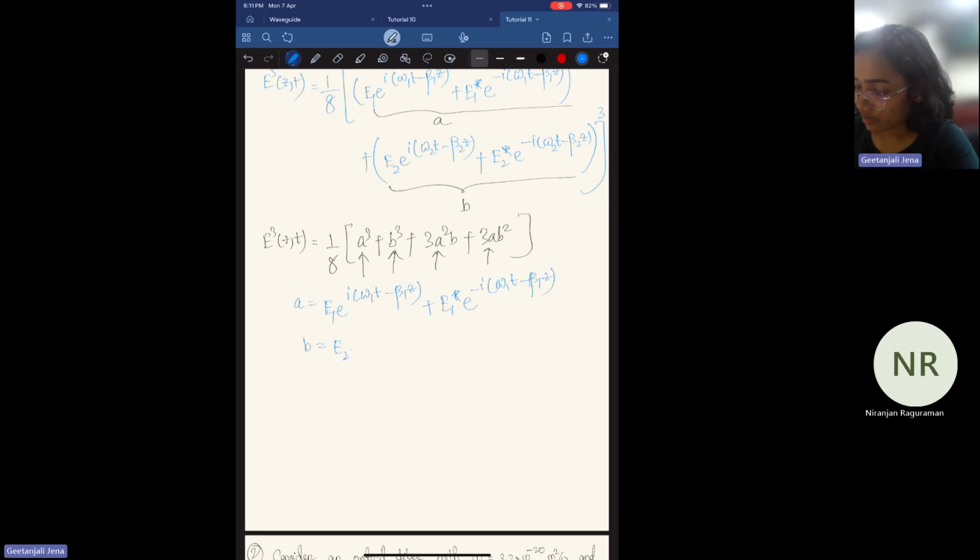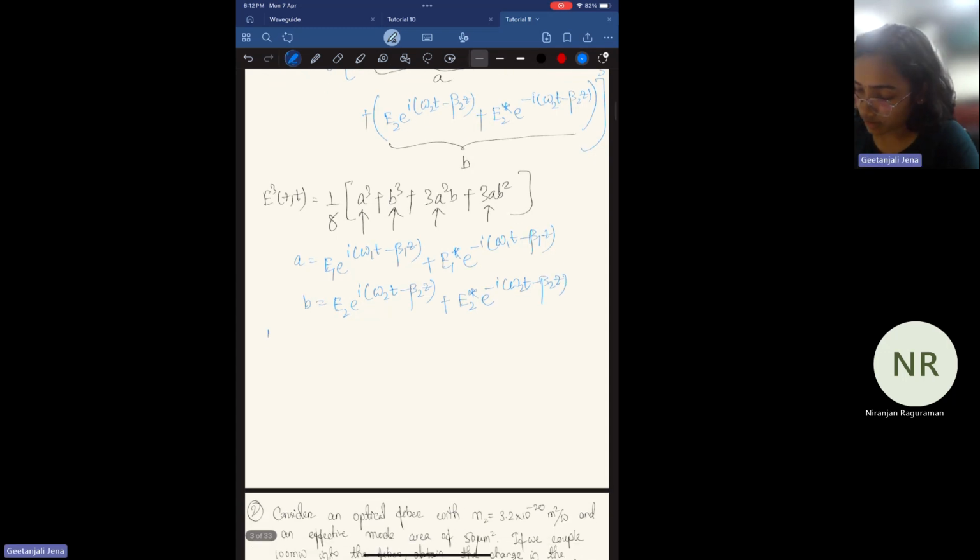B is also the same, but in place of E1 we have E2, and in place of ω1 we have ω2. Let us see the terms which will have an ω1 component.